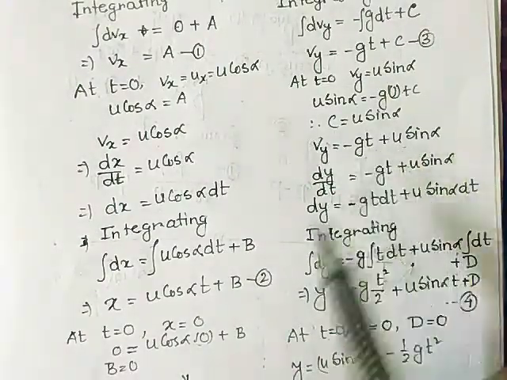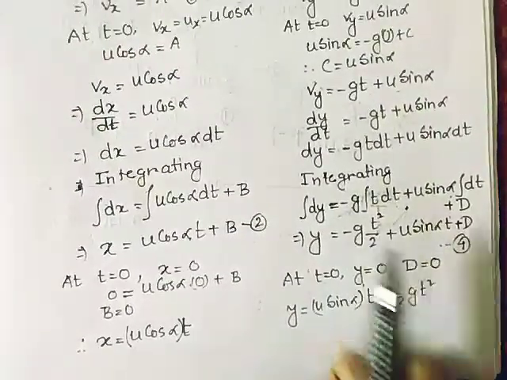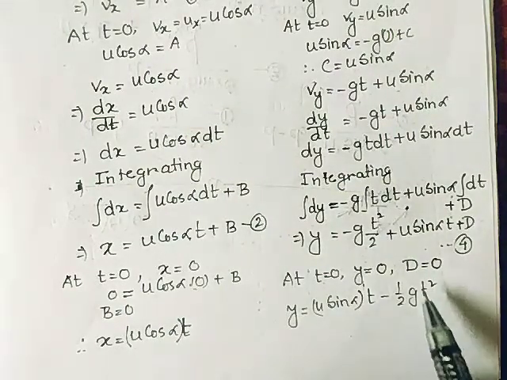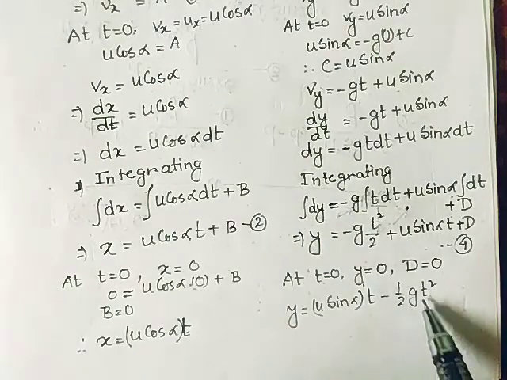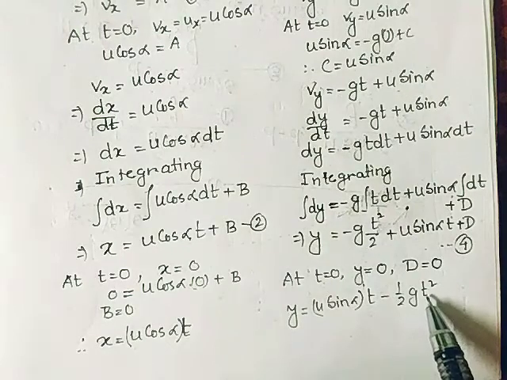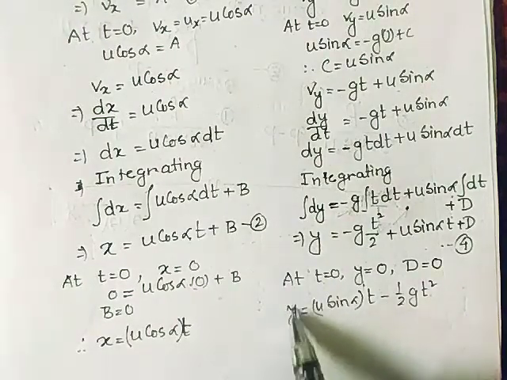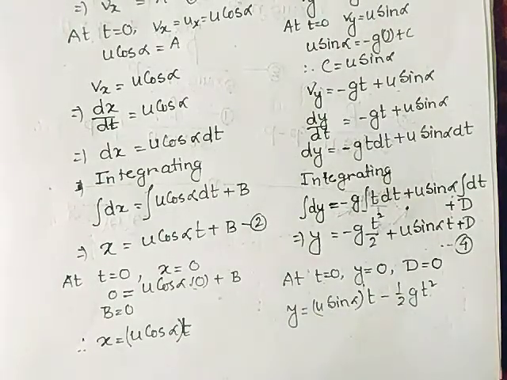These are the velocity reductions. Similarly, y equals u sin alpha t minus half gt square, so at each second it is reduced by half gt square. In the first second, putting t equal to 1, the distance covered along the y axis is reduced by 4.9 from u sin alpha.